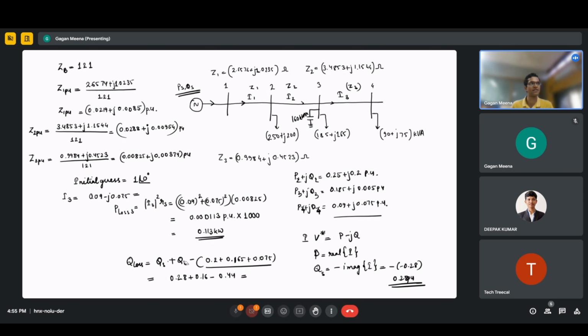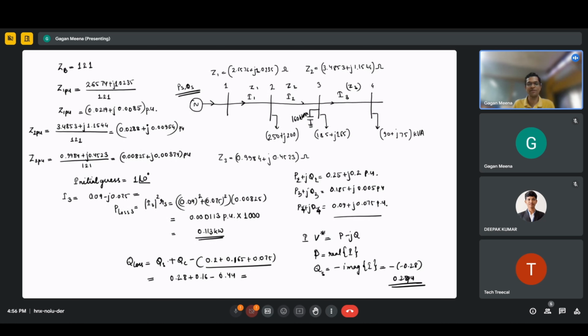So what is the mistake here? Actually, the problem here is that we have taken only two decimal points. We need to take more decimal points here.